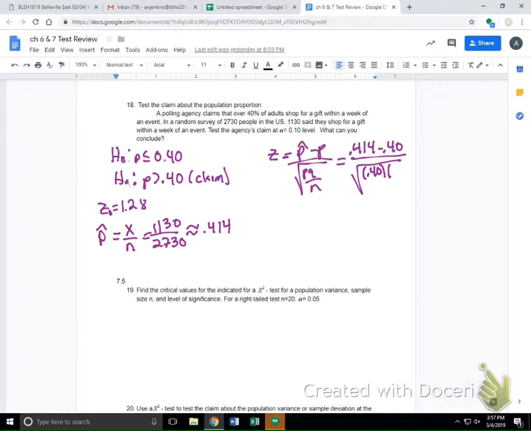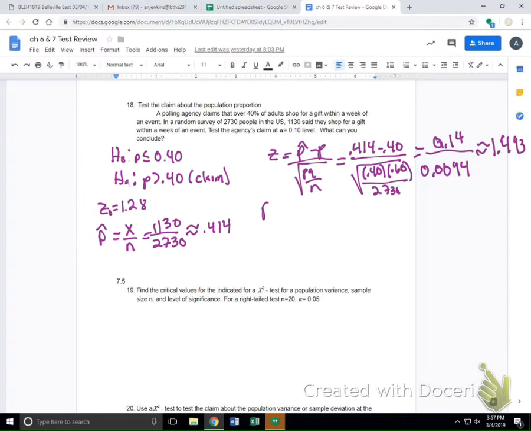Remember, q is the complement, so it's 1 minus that, so this is 0.60 all over 2,730. In the numerator, you end up with 0.014, and in the denominator, you end up with 0.0094, which is approximately 1.493. We see that we can reject the null hypothesis.